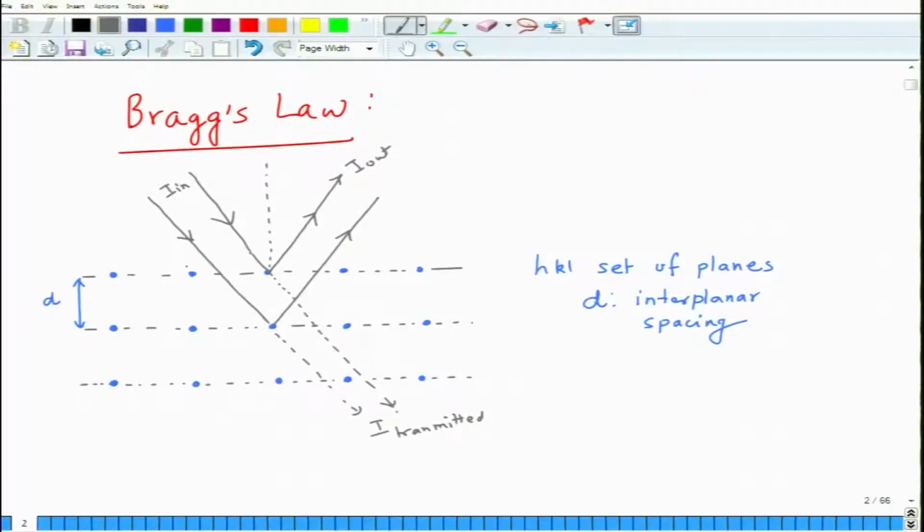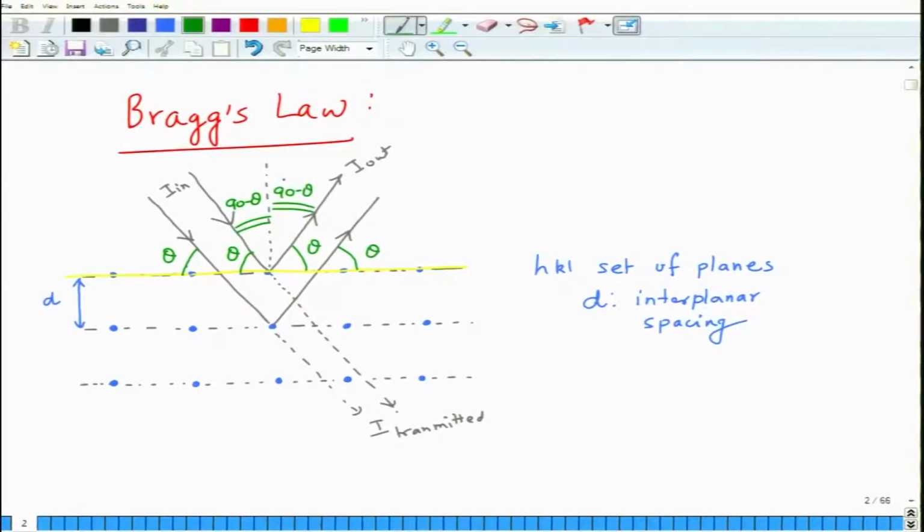The angle which it makes with the plane, so this is the plane here, if I draw it in yellow, let us say, this angle here is theta. This is also theta, and this is also theta, and this angle will be 90 minus theta, and this is also 90 minus theta.